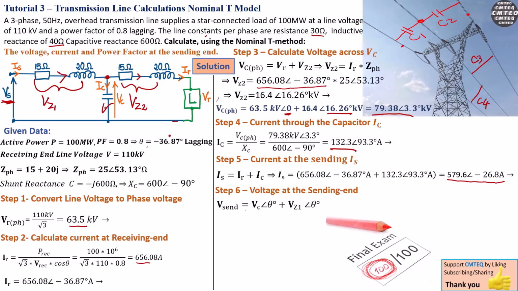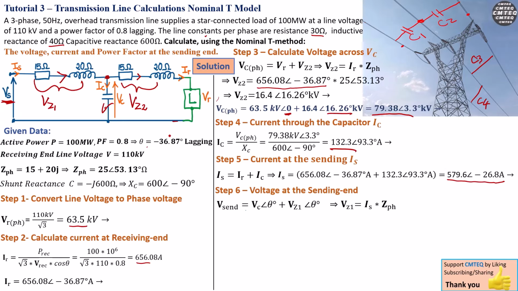Vsend is obviously VC with an angle plus VZ1 with an angle. VZ1 is IS times Z per phase at that section of the line, which is exactly the same here, and the current IS we just found.